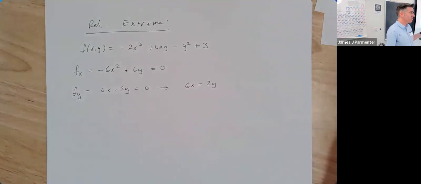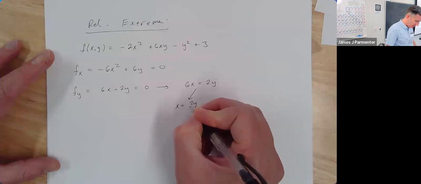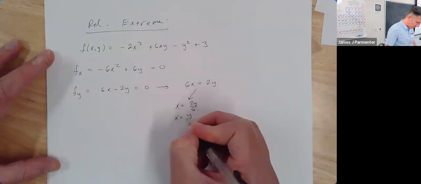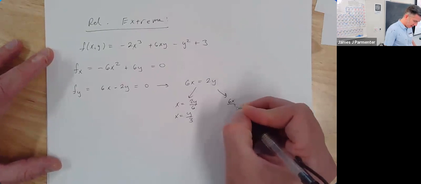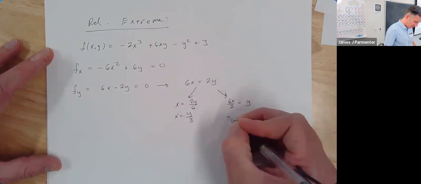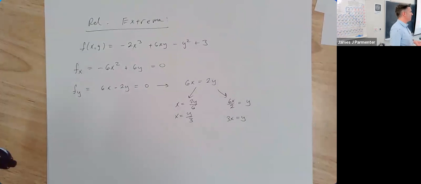The only reason that's the choice I would make here is because it looks nicer. We could divide both sides by 6 and get x equals 2y over 6, which is x equals y over 3. What I'd rather do is divide everything by 2 and get 6x divided by 2 equals y, and then 3x equals y. So if you have a choice where it feels pretty much the same either way, try to make the choice where you have nicer numbers. I'd rather deal with 3x than 1/3 y.